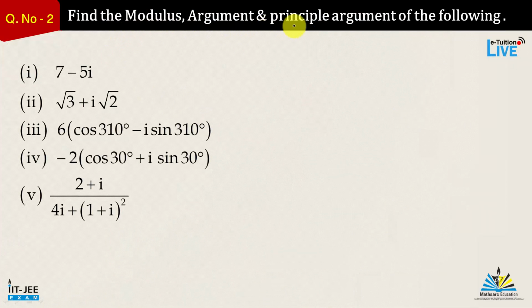Find the modulus, argument and principal argument of the following complex numbers. So first we need to find the modulus, then the argument, then the principal argument of the following. In the first case, we have the modulus of 7 minus 5 iota is equal to under root 7 square plus 5 square, that is under root 49 plus 25, and that is equal to under root of 74, as you can see here.